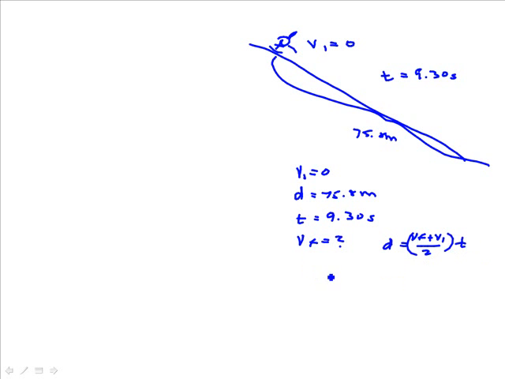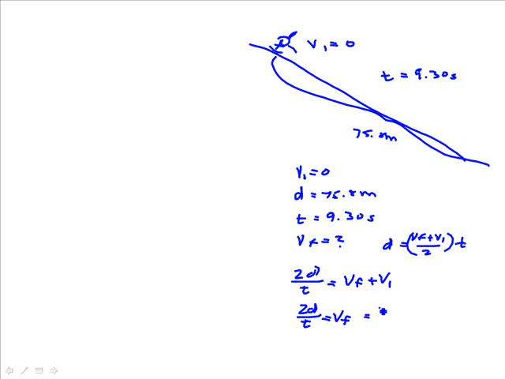We have to solve for VF, and so 2D over T equals VF plus VI. I multiplied both sides by 2 and divided both sides by T, and that left me with VF plus VI. Then I subtract VI from both sides. Well, since VI is 0, 2D over T equals VF.